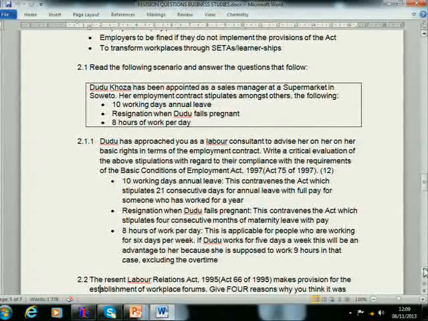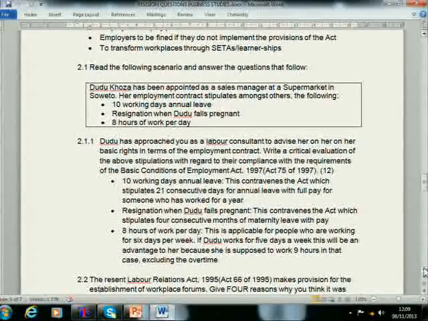The second one, resignation when Dudu falls pregnant. This cannot be true. This cannot be right. You do not fire a person because she has fallen pregnant.